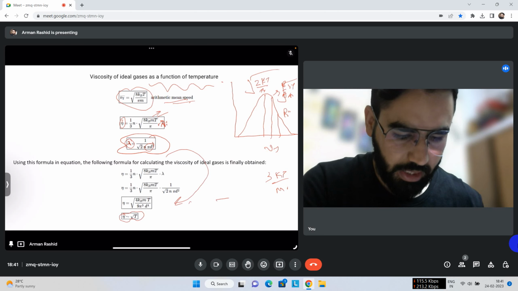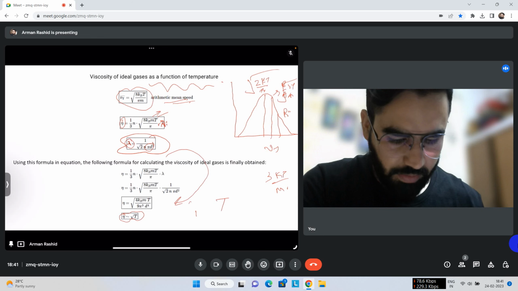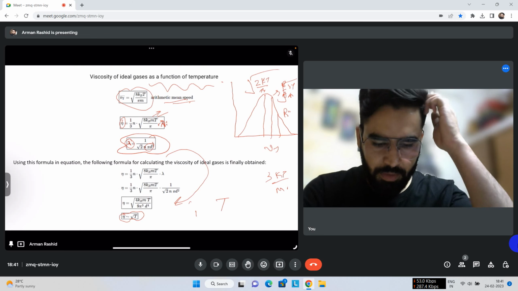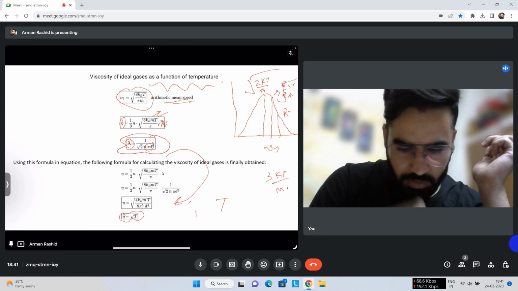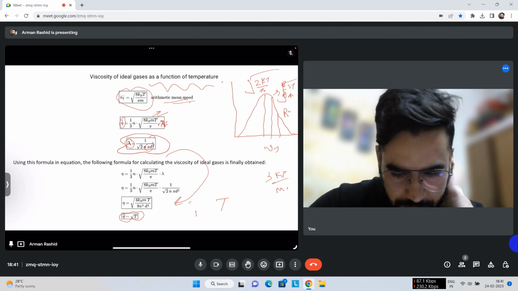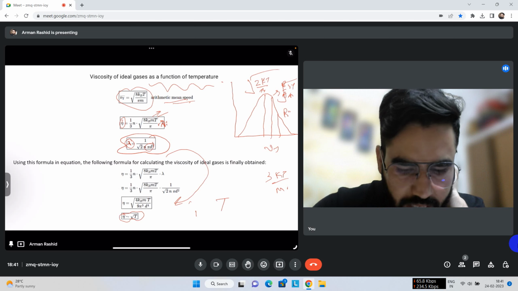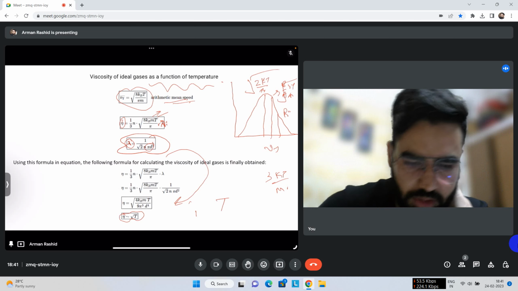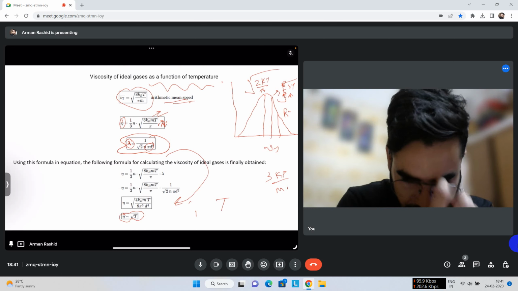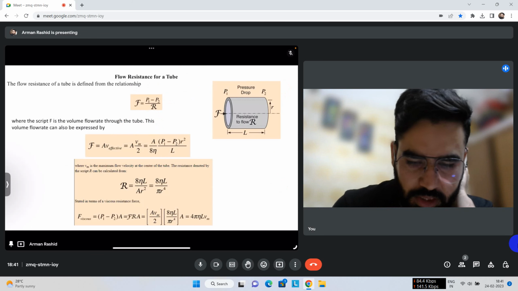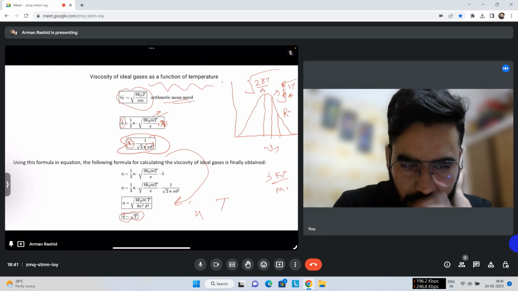So for ideal gases, the higher the temperature, the higher will be the viscosity coefficient. Now these equations we'll use to solve some of the questions.